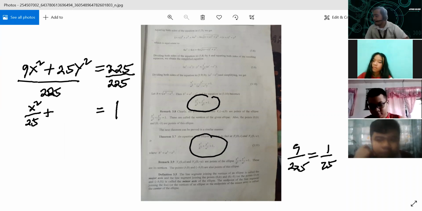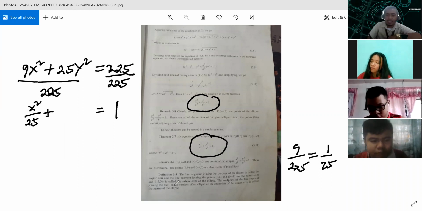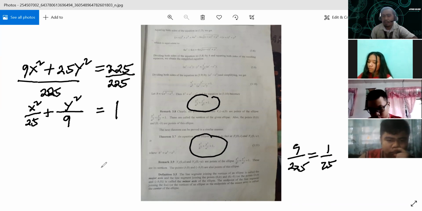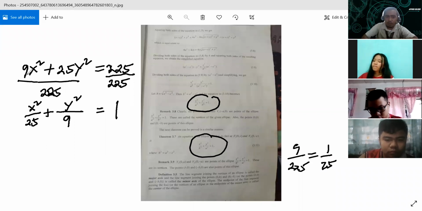Plus, the other one: if you distribute that in each term and reduce 25 over 225, it will be 9. So what we did was distribute the 225 in each term, then reduce. And this is now the result.